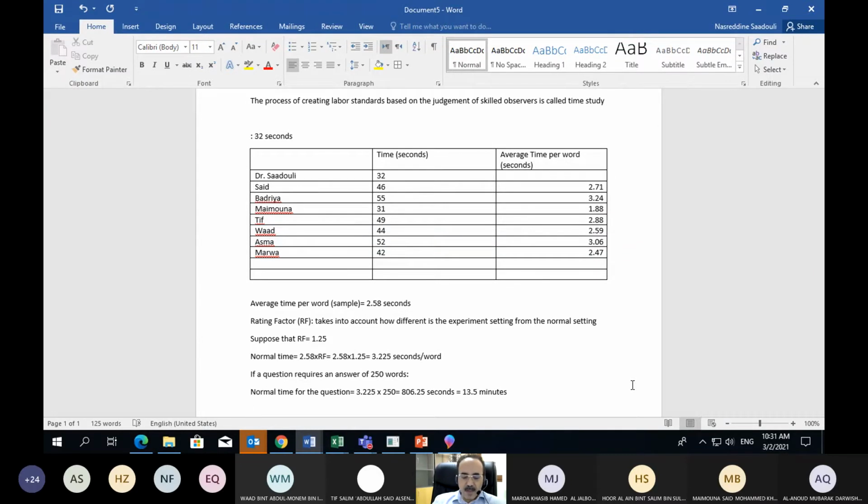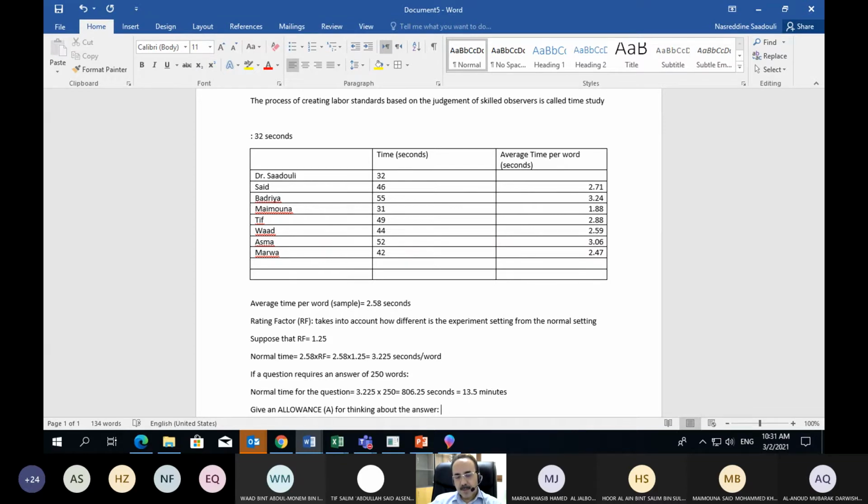So this is why we give an allowance for thinking about the answer, because the student will think about the answer, then they will type it.